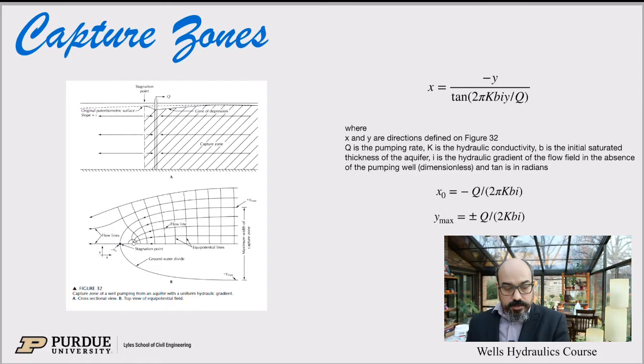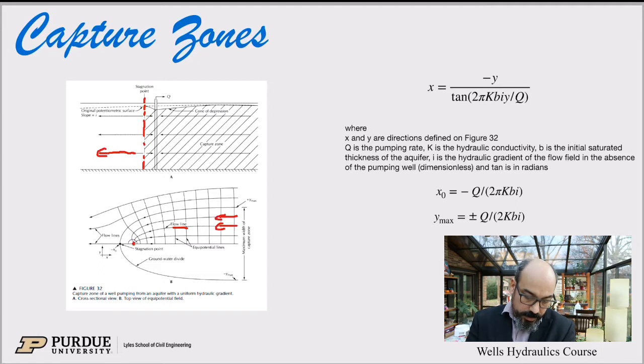Again, same illustration, but from the side view here on the top. You can see that down gradient there's a stagnation point here, where, further from that point, flow is away from the well. If we look at the top view now, you see the flow lines and the potentials.